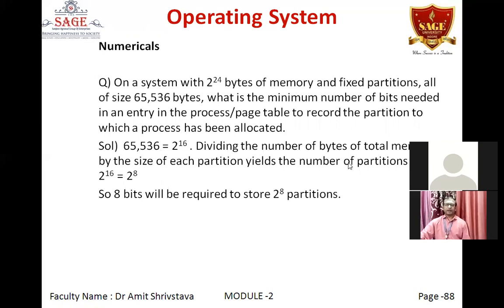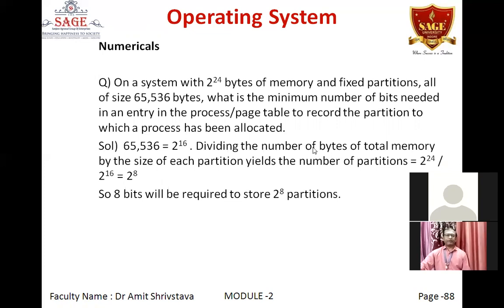Fine. So if we divide the total bytes of memory by the size of each partition, it will give us the total number of partitions which can be present in that particular memory. So we have got 2 to the power 24 bytes of total memory. The partition size is 2 to the power 16.